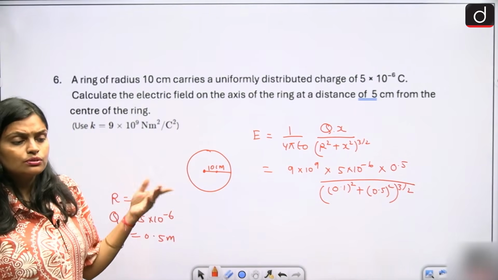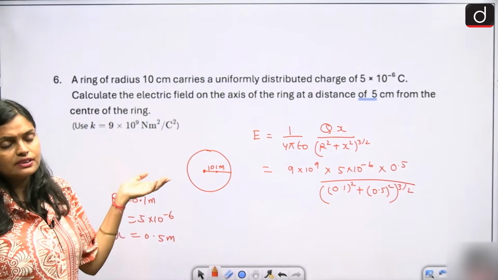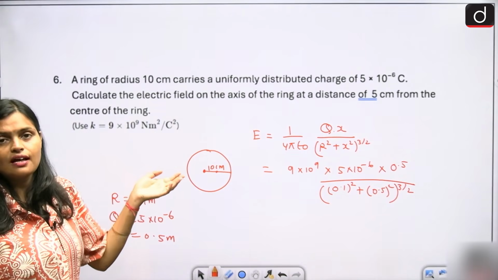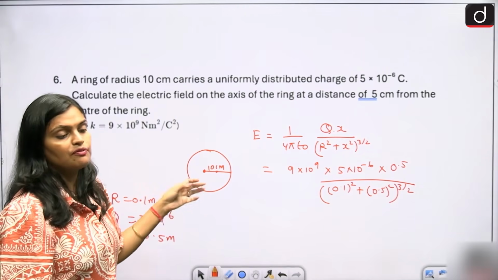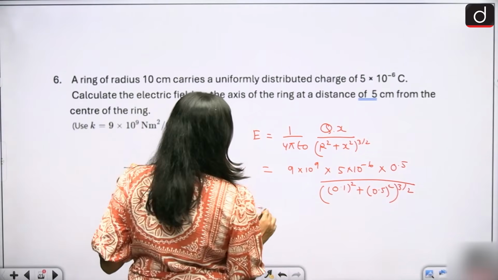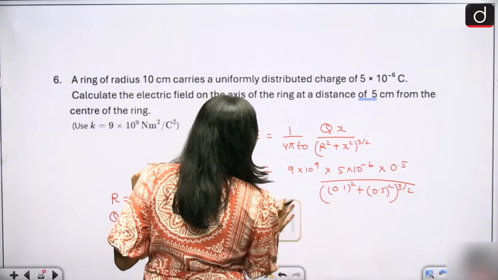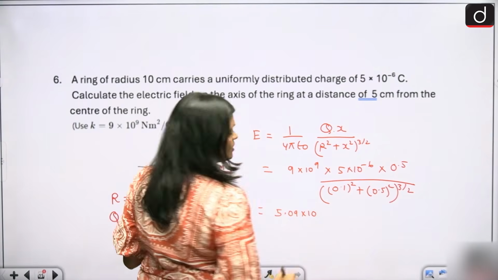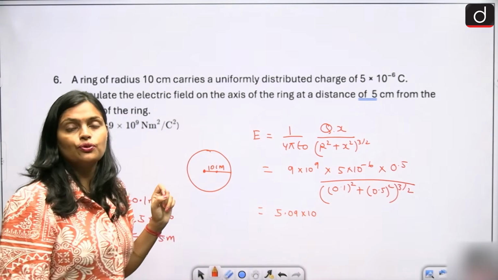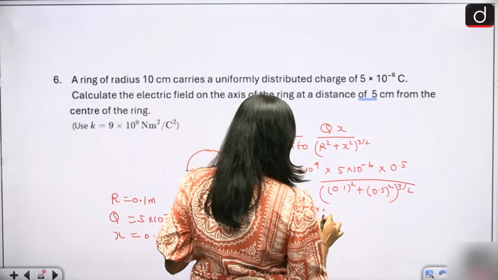Okay, so now just try to solve this equation. After solving, the value you will get is 5.09 into 10 to the power 4 Newton per Coulomb.